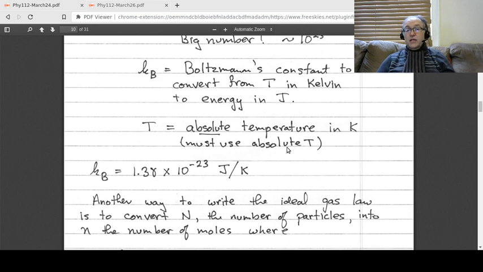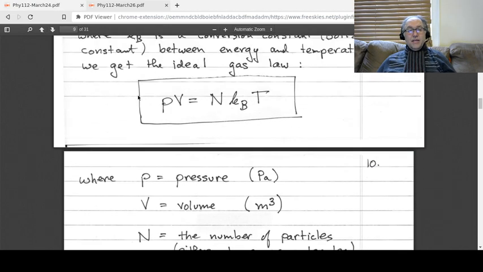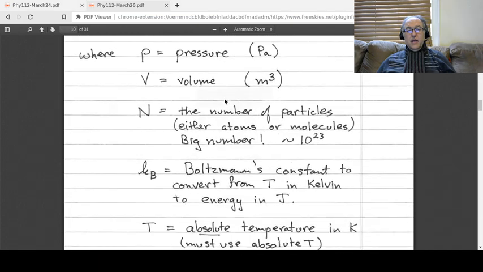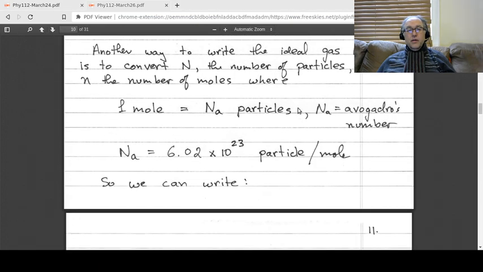And you may never have seen it in this form. And so you go, well, I saw it in the other form in my chemistry classes in high school. So how is it that this particular form of the ideal gas law is the same as PV equals nRT? And the answer is, let's define a mole, or Avogadro's number. 1 mole of a substance is basically equal to a certain number of particles.